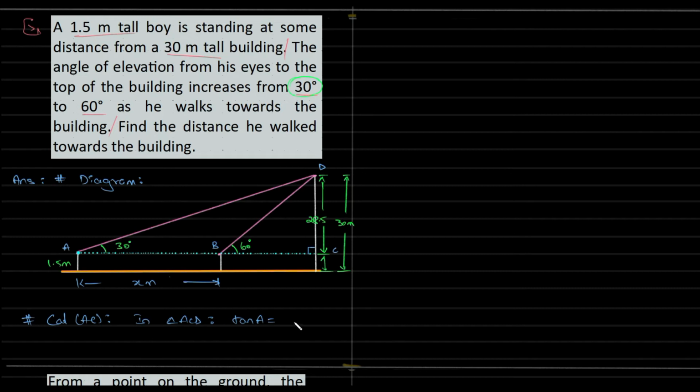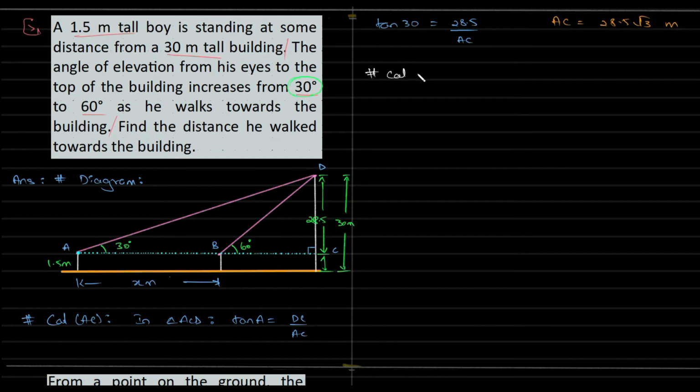So this is the only way to go about it. Tan A is DC by AC. So tan of 30 is 28.5 divided by AC. Tan 30 is 1 by root 3. Using cross multiplication, AC is equal to 28.5 root 3 meters.